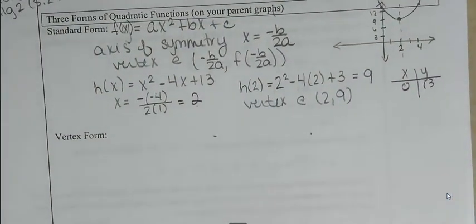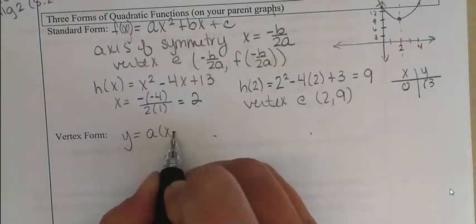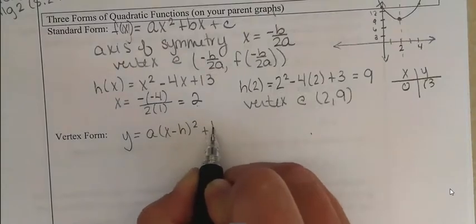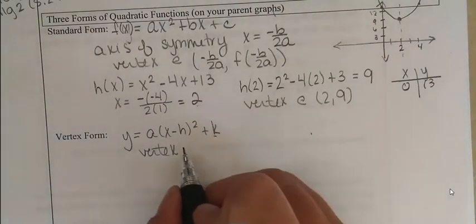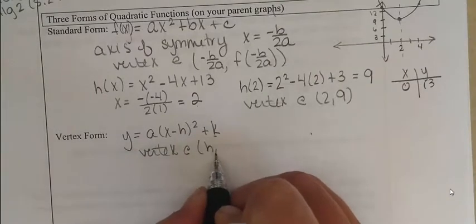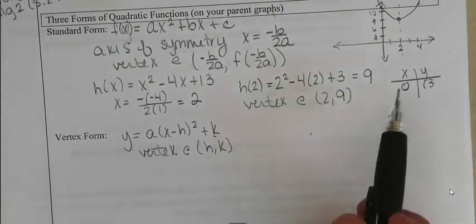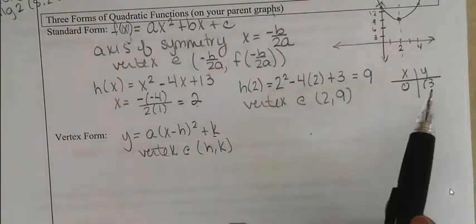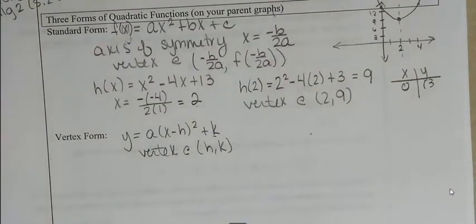Now, vertex form, you've already been given the vertex. So your vertex is within the equation. It's at h, k. So once you have the vertex, then you can do exactly what we did here, where we found another point, knowing that it's reflected over that axis of symmetry.